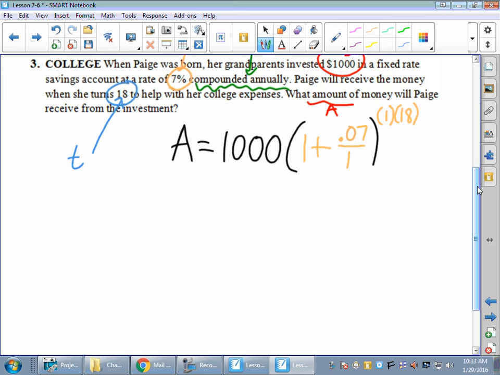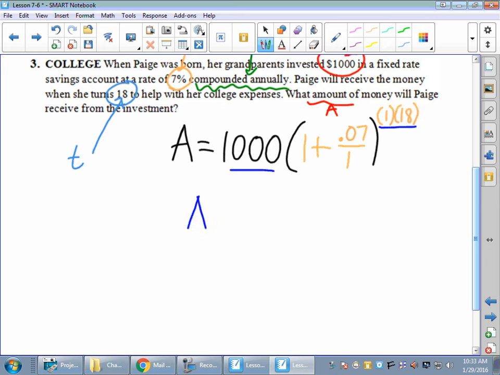Raise it to the power. Either do this math first or do it mentally. I hope you can do 1 times 18 mental math. So take your 1.07 from your parentheses to the 18th power. Get that answer. Don't clear it out. Don't write it down. Multiply by the 1,000 that is your starting amount or your principal.